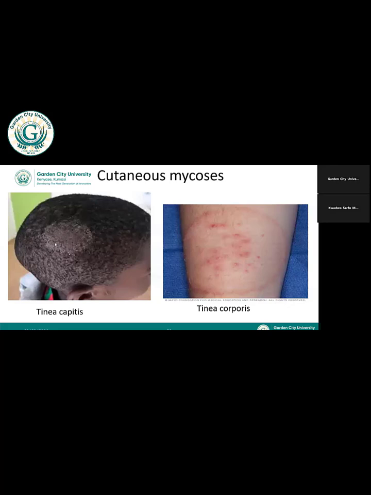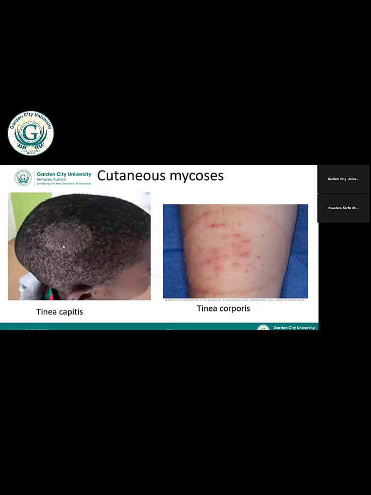If you look at this one, it's like a ring. They spread in a ring-like form. But it's on the body, so it's tinea corporis.